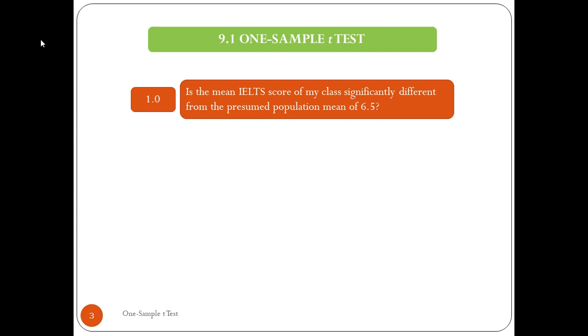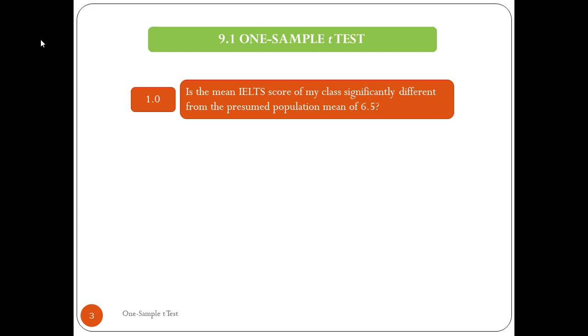The first research question looks like this. Is the mean IELTS score of my class significantly different from the presumed population mean of 6.5?